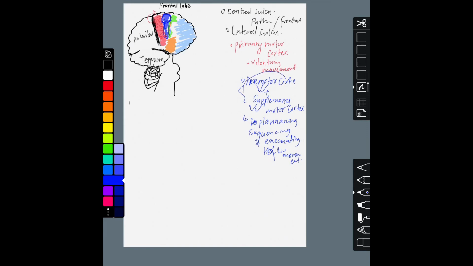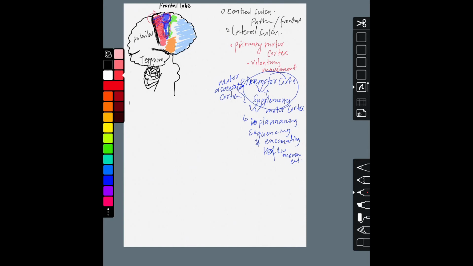So these two are collectively called the motor association cortex. So so far we described this area, the primary motor cortex, then this area, supplementary motor cortex, and this area is premotor cortex. Now we have discussed all of this.